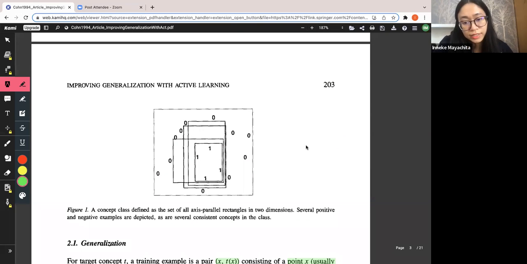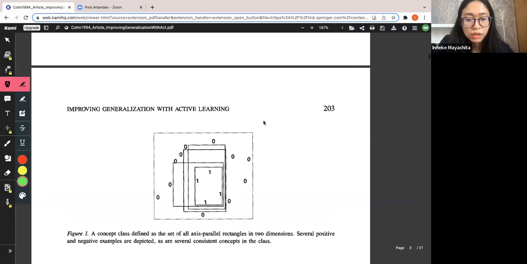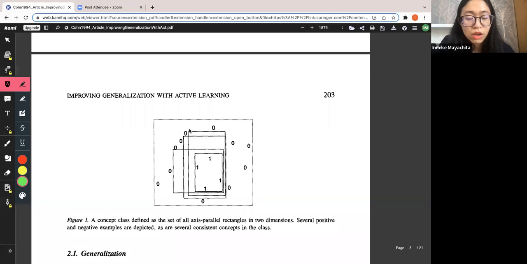Imagine this is a binary classification, so we have two outputs, 1 or 0. If an example lies within the area bounded by what they call a concept, then that example is classified as 1. If the example is outside this concept or area, then it is classified as 0.